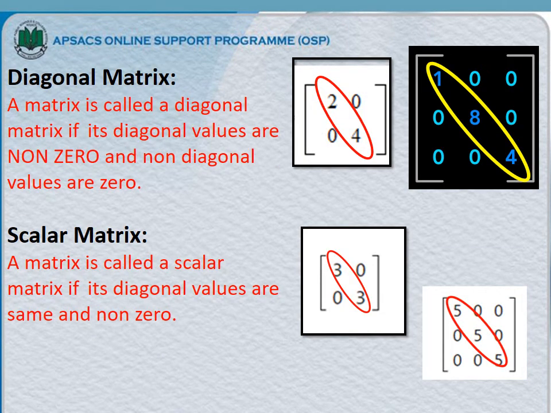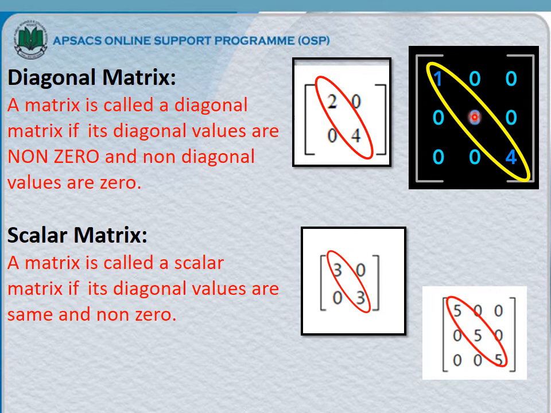Now diagonal matrix. What is a diagonal matrix? A matrix is called a diagonal matrix if its diagonal values are non-zero and non-diagonal values are 0. So look at these examples. In the first matrix, you can see this is the diagonal and the diagonal values are non-zero.